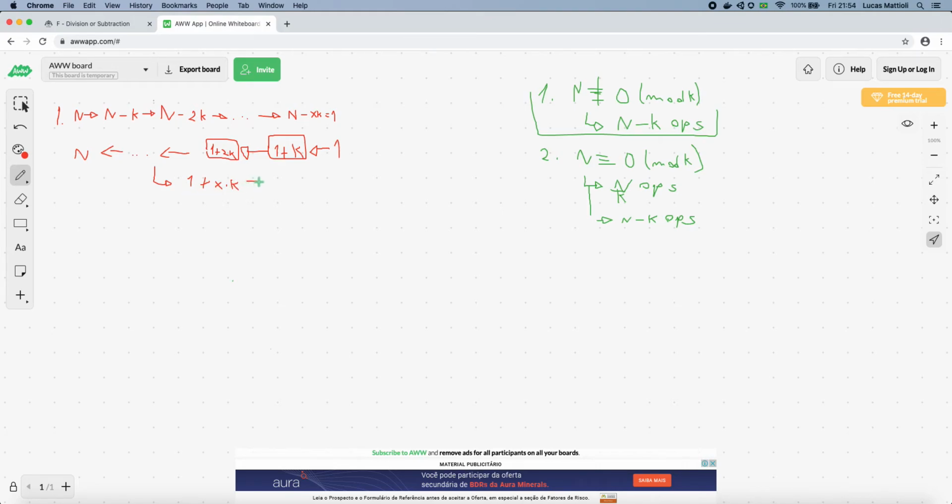And this pattern will give us a number which has remainder 1 mod k, because the x times k part is 0 mod k.